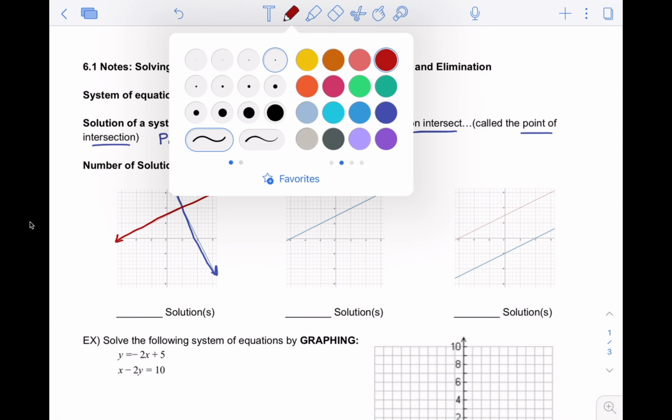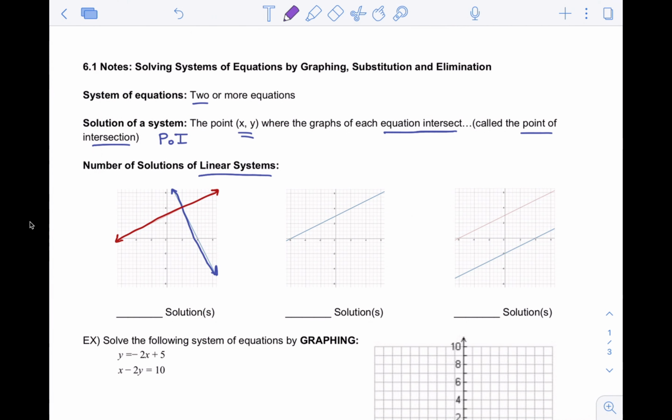The solution would be this point of intersection right where they cross, the x comma the y, the point of intersection, POI. So this is an example of where there's only one solution because you only have one point of intersection where blue and red made purple.